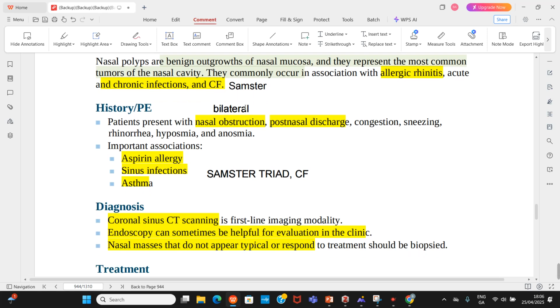When I was talking about aspirin allergy, when they take aspirin they start having abdominal pain, nausea, vomiting, diarrhea, even some rash. And I said they also have chronic rhinosinusitis with nasal polyps. Samter's triad: asthma, aspirin hypersensitivity, and chronic rhinosinusitis with nasal polyps.